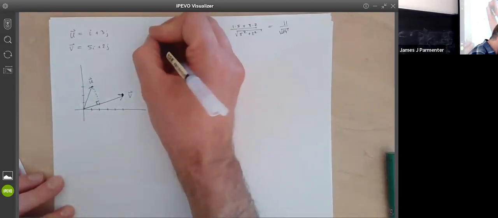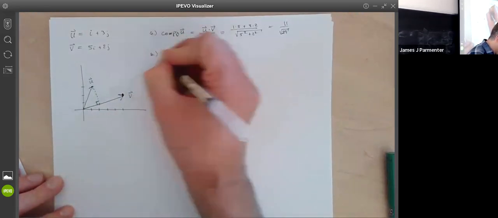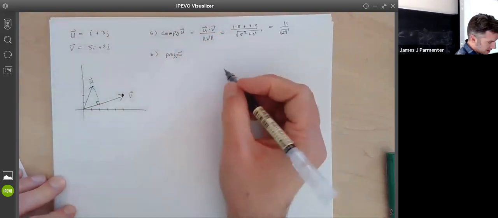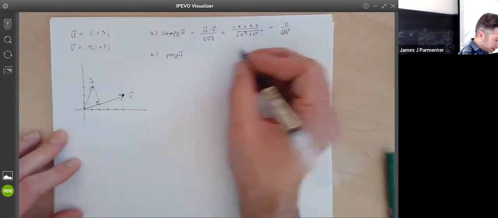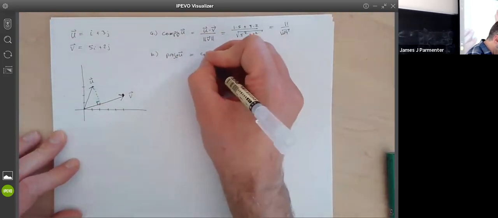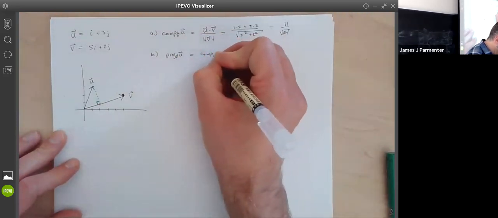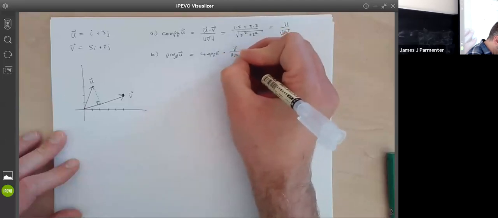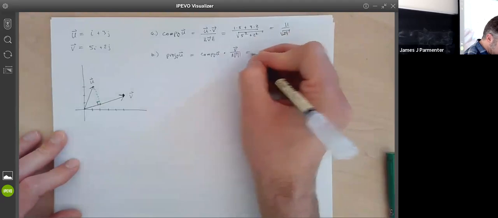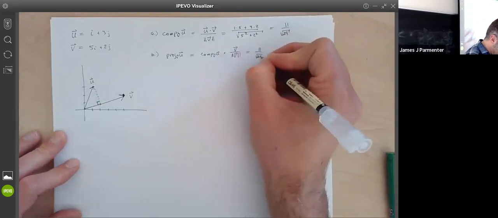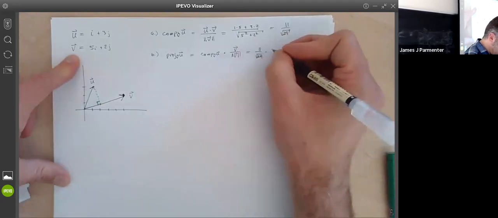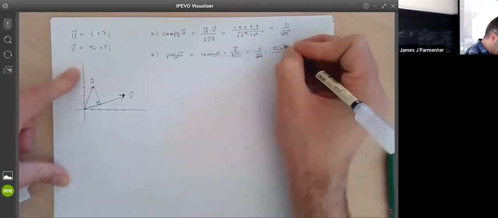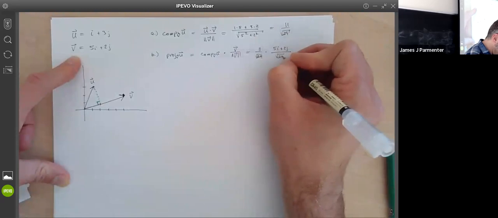And then the actual projection of u in the v direction, you could take the component of u in the v direction multiplied by v over the magnitude of v. That gives us 11 over root 29 times the vector v, which is 5i plus 2j, over, again, the magnitude of v, the square root of 29.